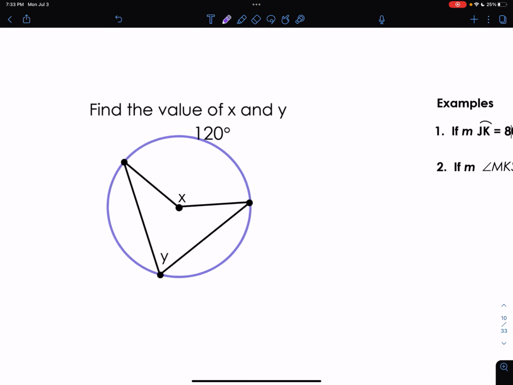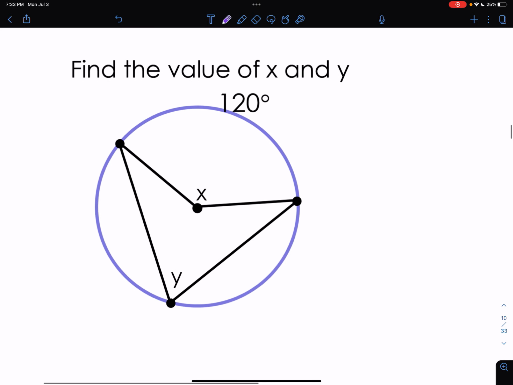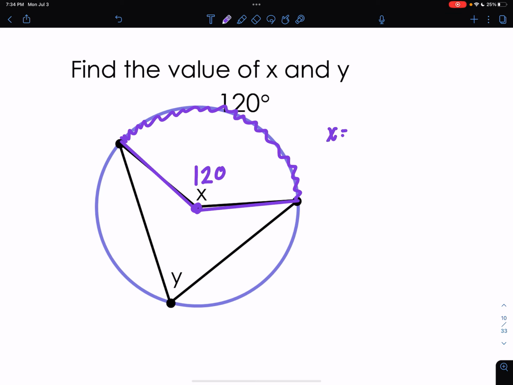All right, let's take a look at what we have here. X represents what kind of angle? It's got its vertex at the center point. X is a central angle. So remember, central angles are going to be the same as their arcs. So X should be 120. But now, if we go look at Y, Y is not a central angle.